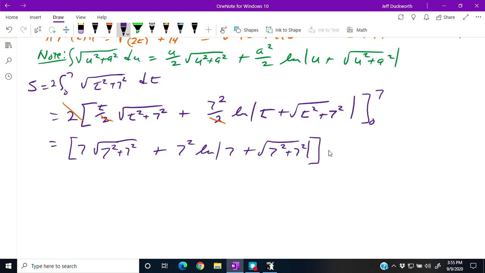And then for the 0, our first bit will cancel because we've got a t multiplied by it, but the second half, we're looking at 7 squared ln of 7, that's a 0.